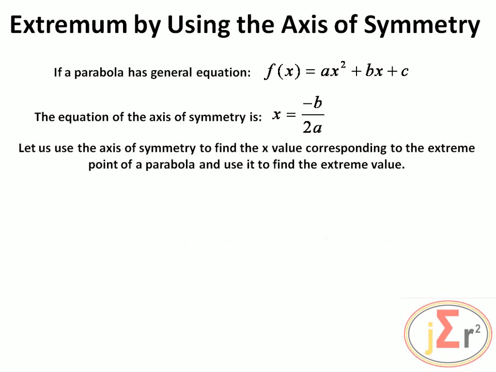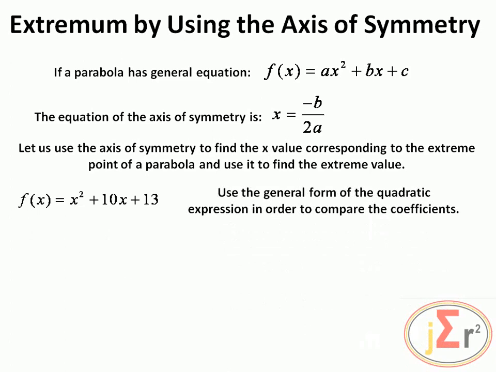So let us use the axis of symmetry to find the value of x corresponding to the extreme point of a parabola and use it to find the extreme value. So there is our equation of a parabola. So we are going to develop a one-to-one correspondence with the general form of the quadratic expression.